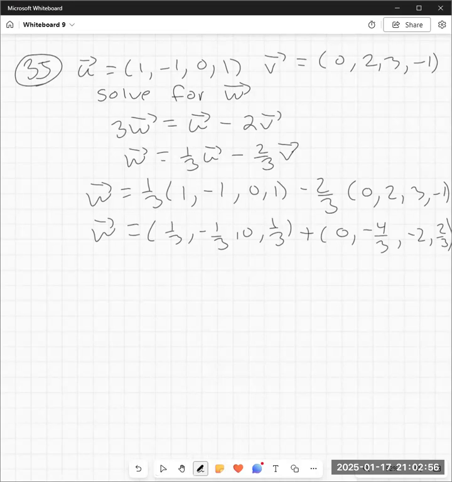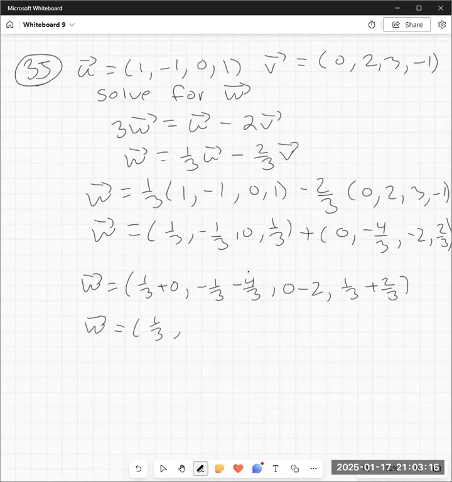So w is (1/3 plus 0, -1/3 minus 4/3, 0 minus 2, and 1/3 plus 2/3). That makes w equal to (1/3, -5/3, -2, 1).